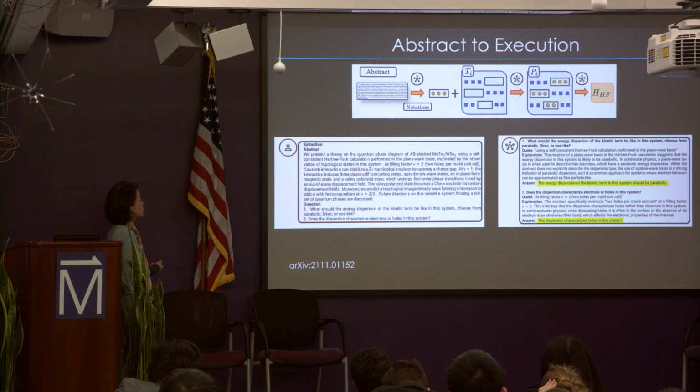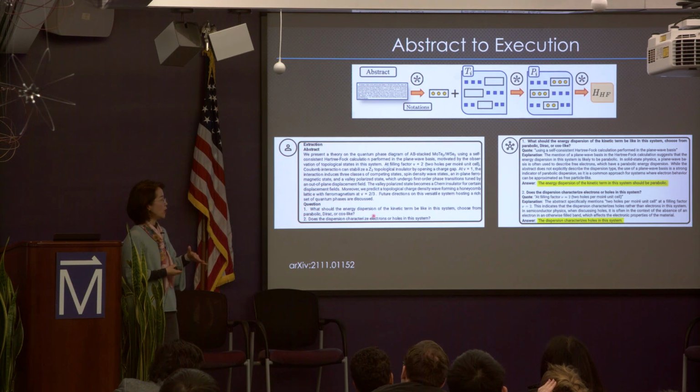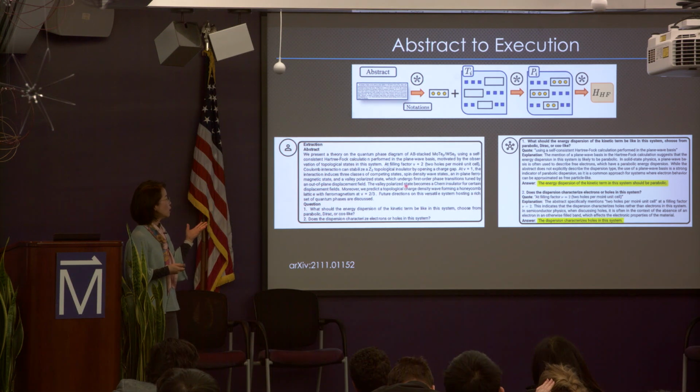So this is an abstract. Now, how much of the information you need can be inferred from the abstract is not just a function of the large language model's capabilities. It also depends on how well the abstract was written.